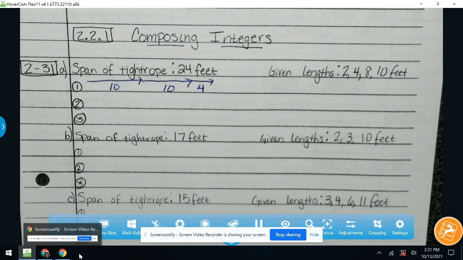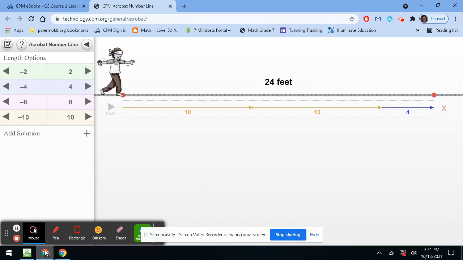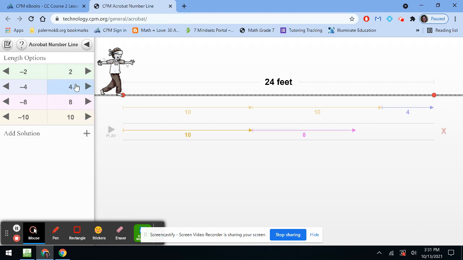So we're going to go back, press add a solution, and try a different one. The other one that students will often start with is 10 and then 8 feet, 2 feet, and then 4 feet, something like that.